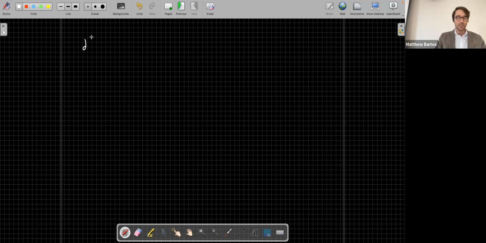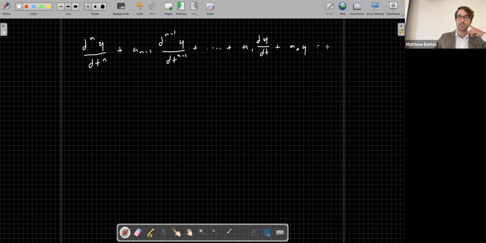So the homogeneous form of the LTI system is the nth derivative of y with respect to time, plus a_(n-1) times the (n-1)th derivative of y with respect to time, and so on, plus a_1 dy/dt plus a_0 y, is equal to 0. We're just looking at the homogeneous case right now. We're not going to worry about the input yet.